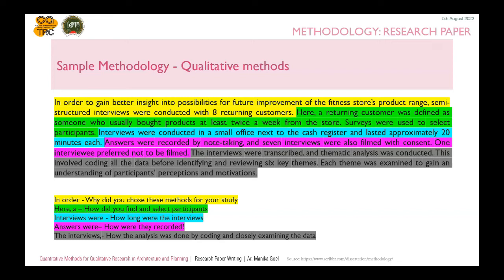This involved coding all the data before identifying and reviewing 6 key themes. Each theme was examined to gain an understanding of participants' perception and motivation. So the later three discuss how long the interviews were, how they were recorded, and how the analysis was done by coding and closely examining the data.